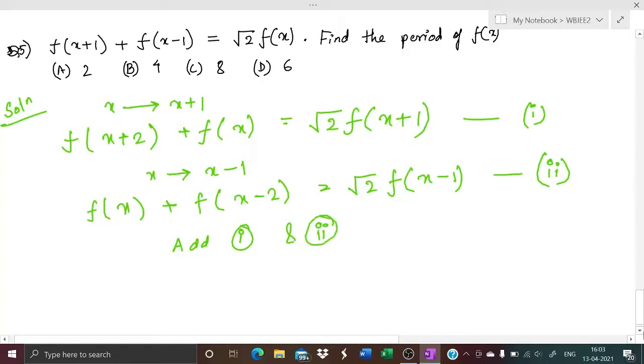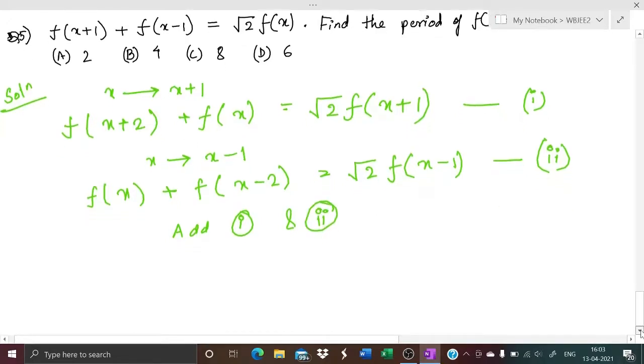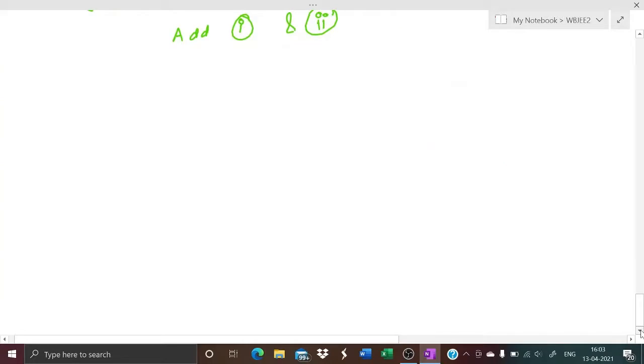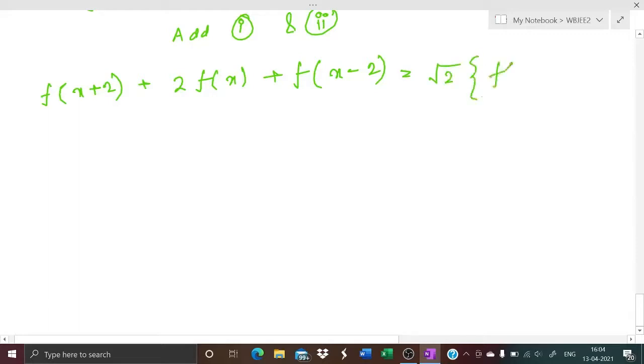After adding, what I will get is f of x plus 2 plus 2 times f of x plus f of x minus 2 equals under root of f of x plus 1 plus f of x minus 1.